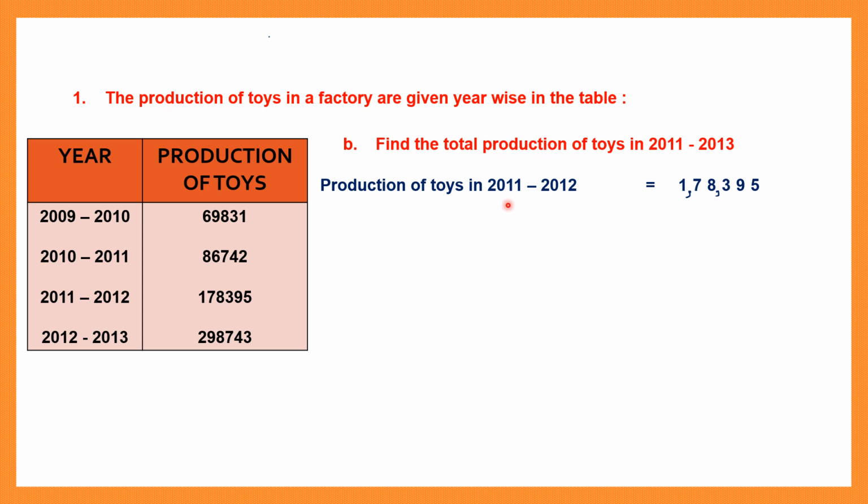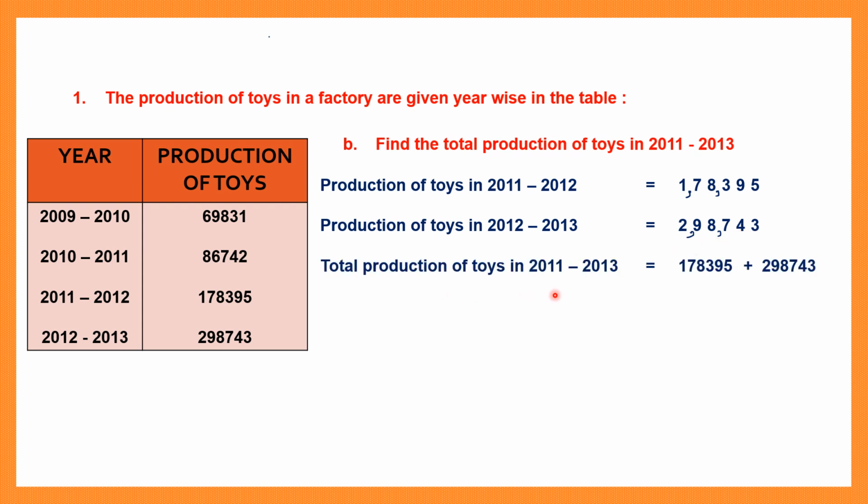This is between 2011 and 2012. Now we also write the production of toys in 2012 to 2013. Place the commas. So what do we read this as? 2,98,743. Now, if you have to find the total production of toys in 2011 to 2013, we need to add up both these numbers.